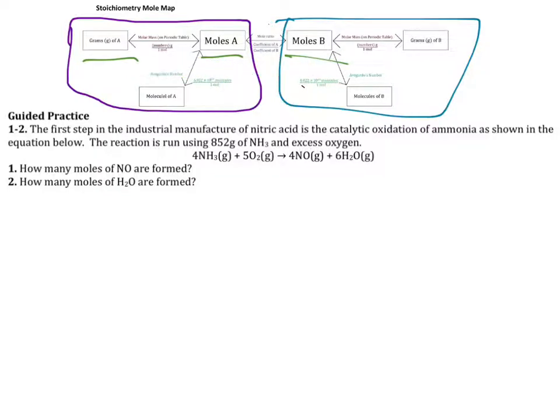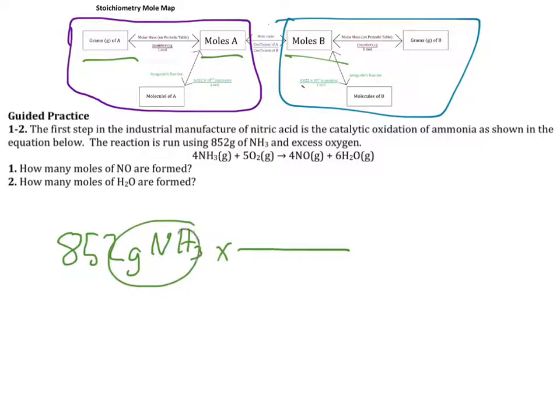So step 1 is to write what's given to you. We are given 852 grams of NH3. What's going to be extremely important is that you write the proper unit, so you're writing grams and you're writing NH3. You need to include this because we're now dealing with different substances. Then we're going to multiply by some fraction, and like always, whatever units you start with will always go on the bottom.